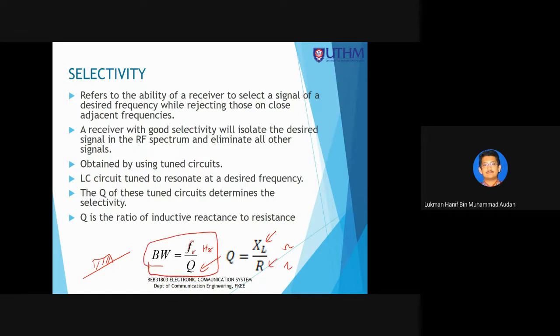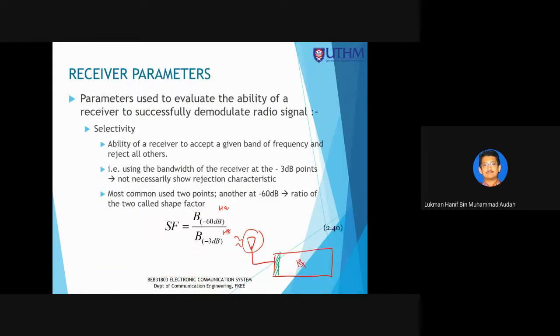Biasanya kalau kita sebut selectivity, kita akan bertanya dua perkara ini: quality factor dan juga bandwidth of the tune circuit. Apa itu tune circuit? Ni tune circuit berada di sini. Tune circuit mempunyai certain amount of bandwidth to select the receive signal.